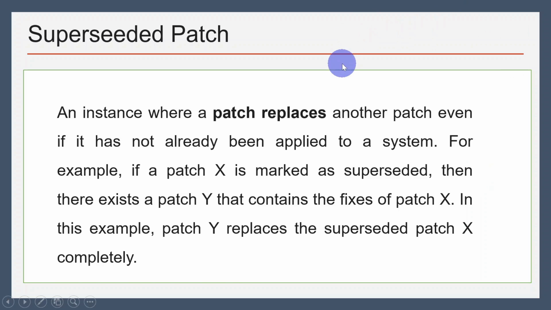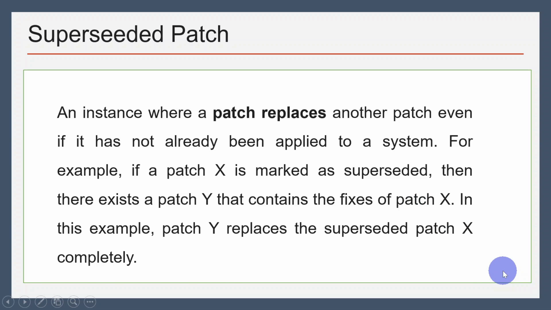A patch that replaces another patch is superseding it, even if it is not applied in the system. For example, if a patch X is marked as superseded, then there must be a patch Y which is already applied in the system, and it contains all the fixes which are there in patch X. So when you are going to apply patch X, you will see a message that this patch is superseded.